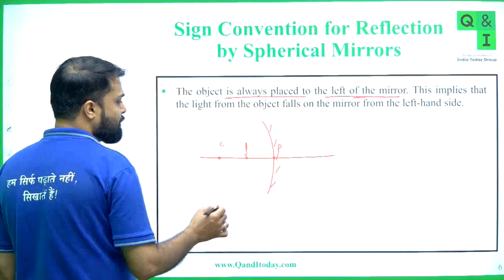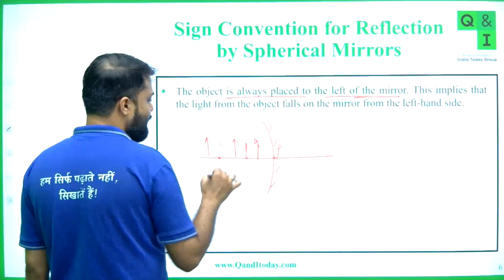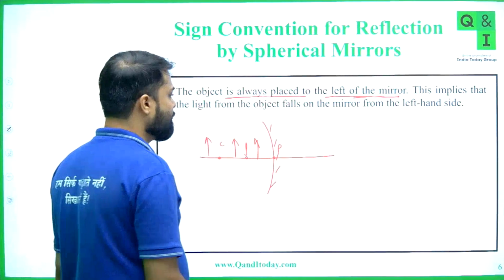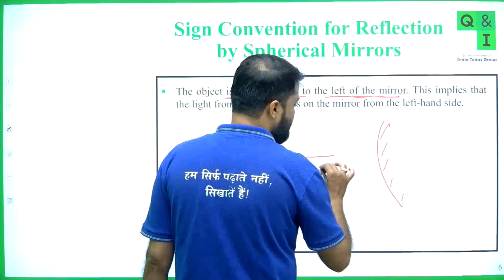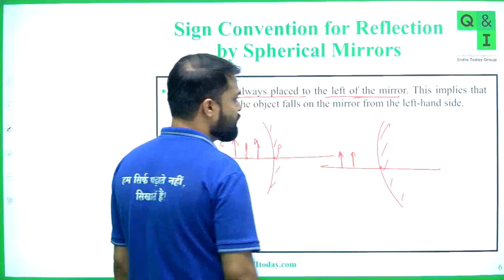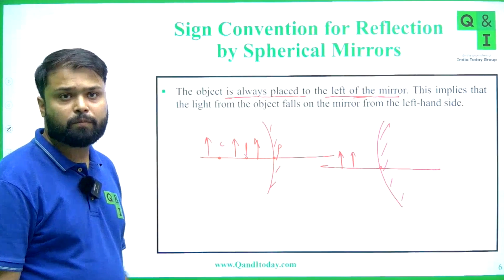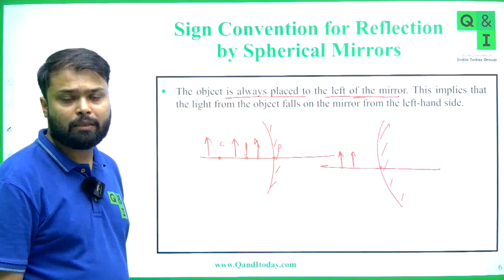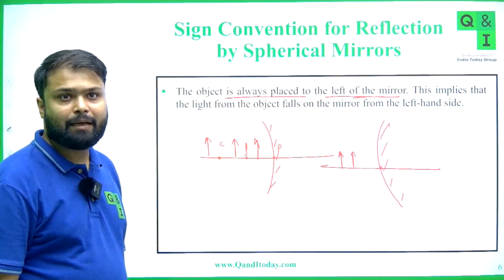So the object is always placed towards the left of the mirror. This is concave. Similarly, if this is a convex mirror, the object is placed always towards the left. Is the first point clear to you? Any doubt in this?